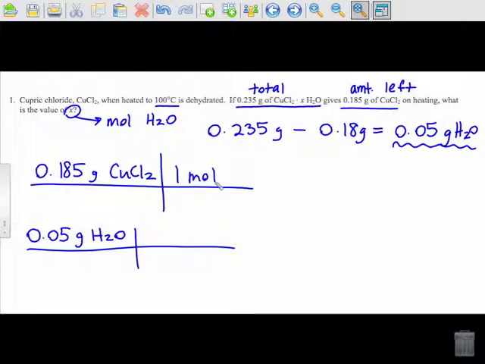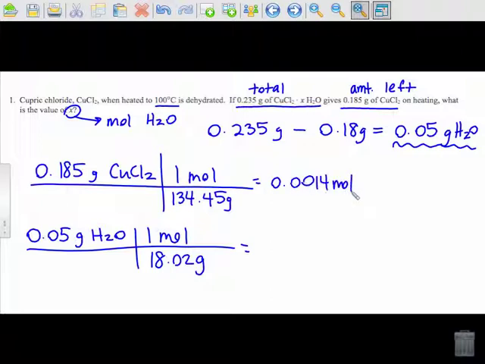Divide by the molar mass to get it in moles. So I'm going to get 0.0014 moles of anhydrous and 0.0028 moles of water.